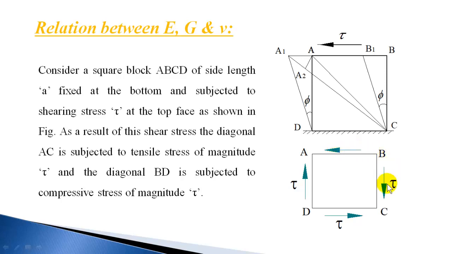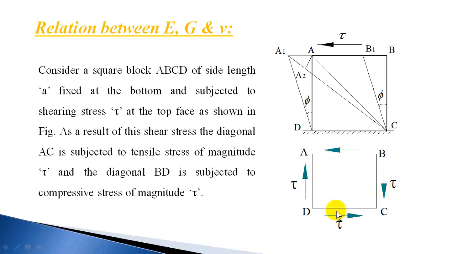It is always associated with shear stress of equal magnitude on mutually perpendicular planes. This is to balance the block. If shear stress of magnitude tau is acting on a horizontal plane, it will always be associated with shear stress of equal magnitude on a mutually perpendicular plane, that means the vertical plane.